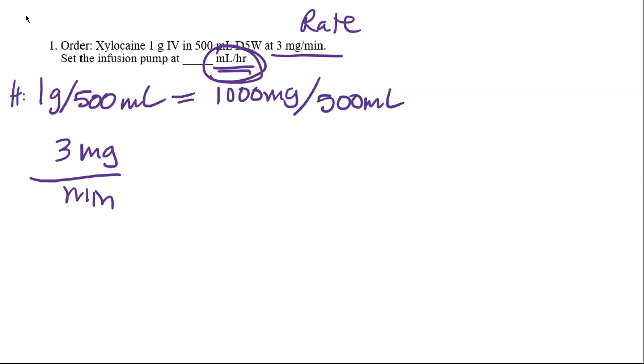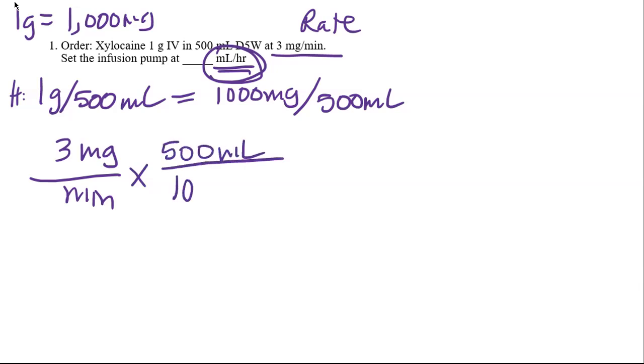What I did right here is remember that 1 gram is equal to 1,000 milligrams, and that's all I did here, was convert this. So now we want 500 milliliters divided by 1,000 milligrams. Now I did this conversion because now we can cross these guys out.